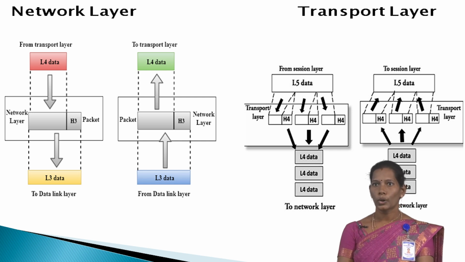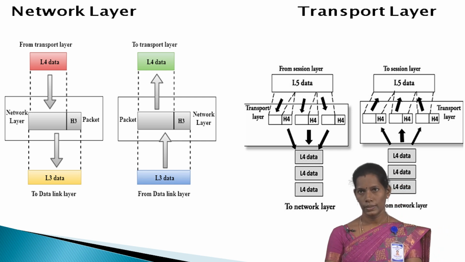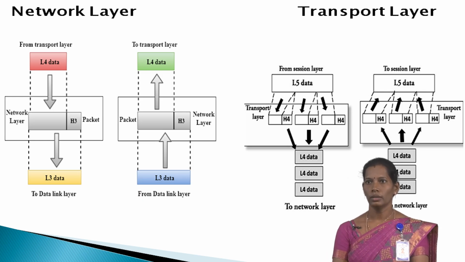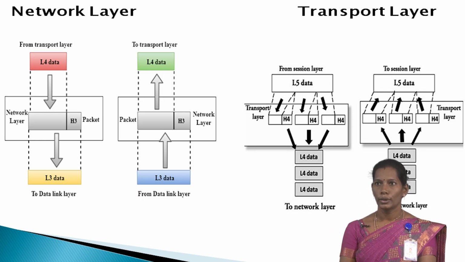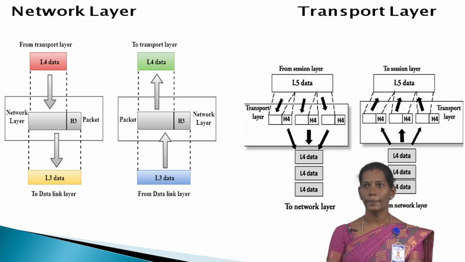The two protocols used in this layer. First one is TCP, that is Transmission Control Protocol. It is a standard protocol that allows systems to communicate over the internet. It establishes and maintains a connection between hosts.